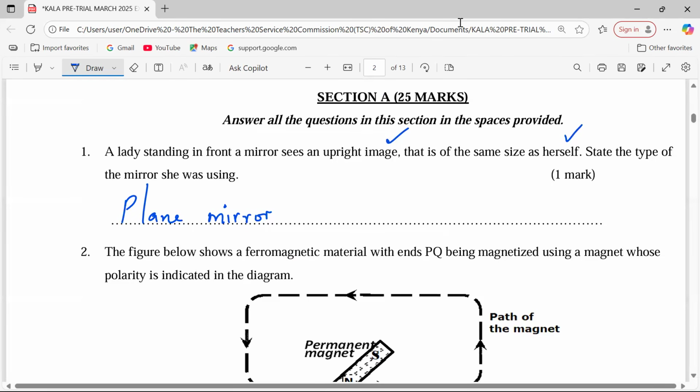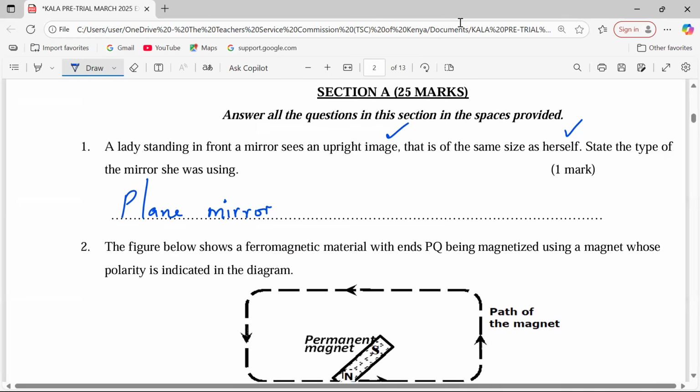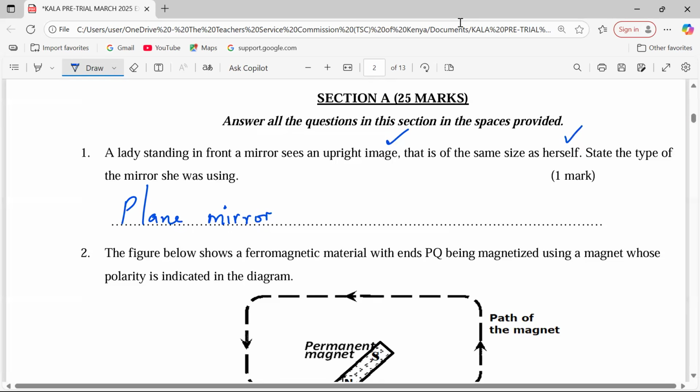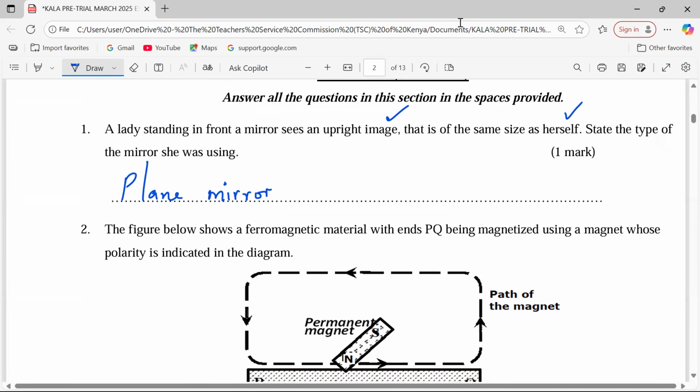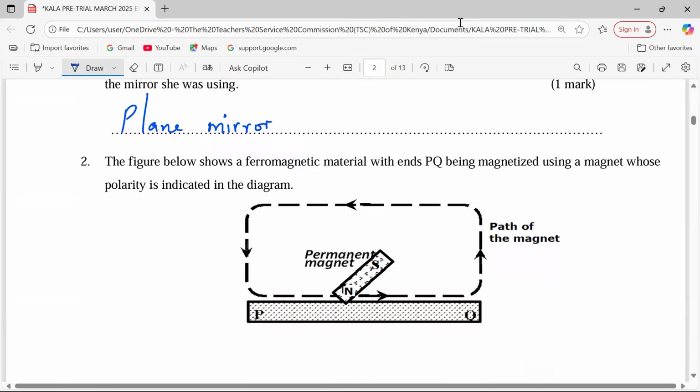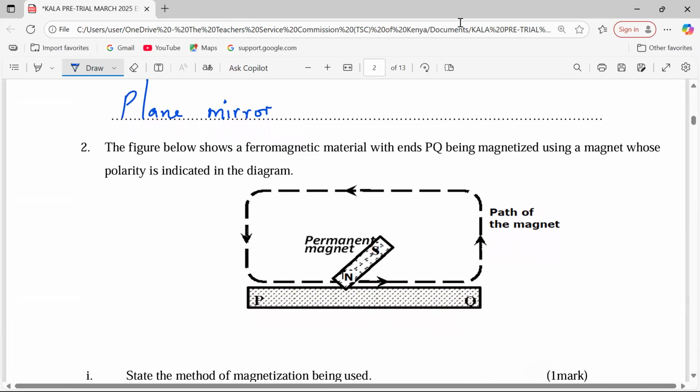Your left is to the right, according to the image. So that is what we call lateral inversion. Same size, it is also supposed to be the same distance behind the mirror as you are in front of the mirror. So those are some of the properties of images formed when an object is in front of a plane mirror.